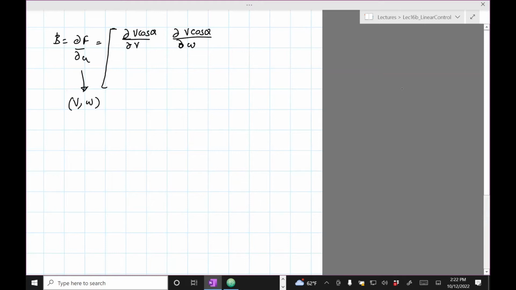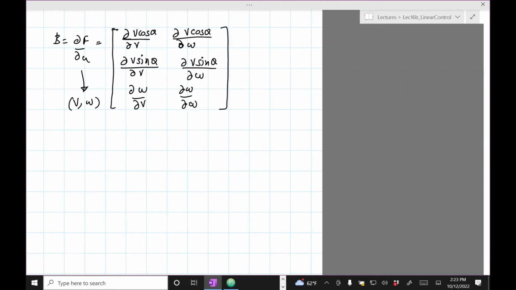The second row of f was v sine theta, so d(v sine theta)/dv, d(v sine theta)/d omega. The third row was omega, so d omega/dv, d omega/d omega. Okay, so the first column is going to be just cosine theta, sine theta, 0, and the second column 0, 0, 1.